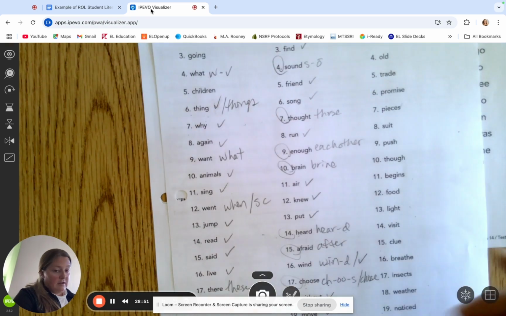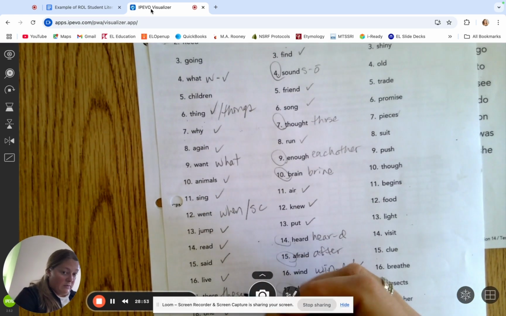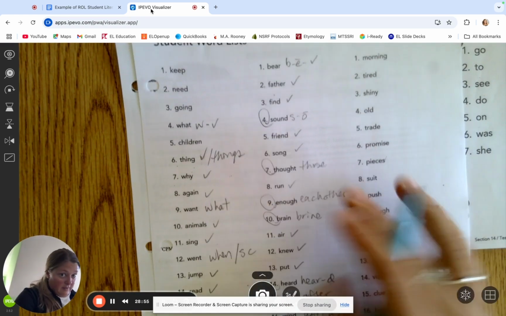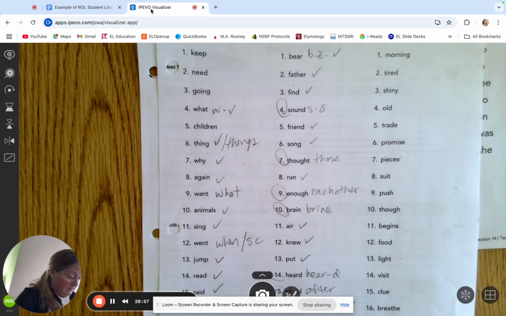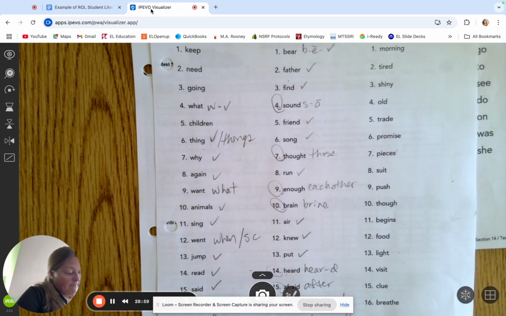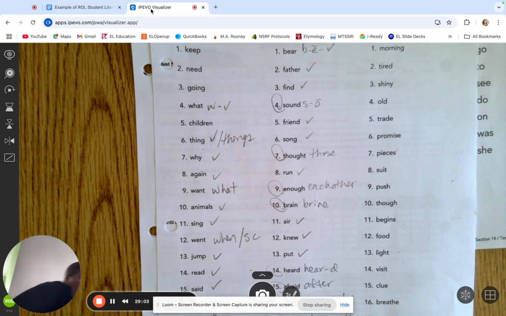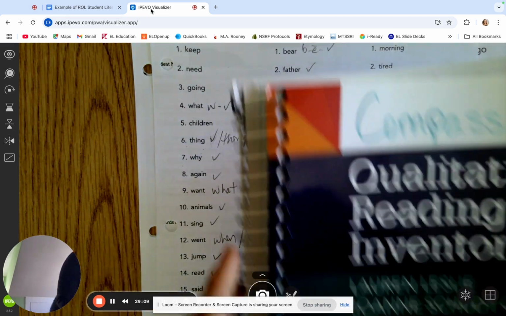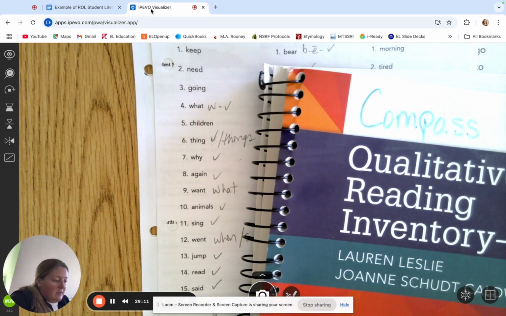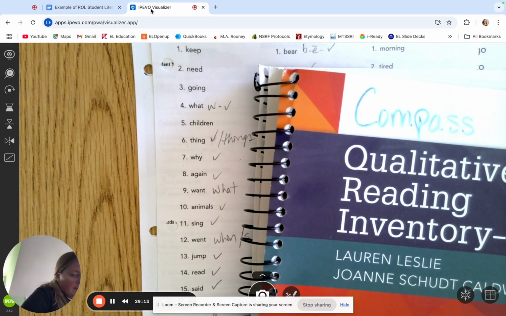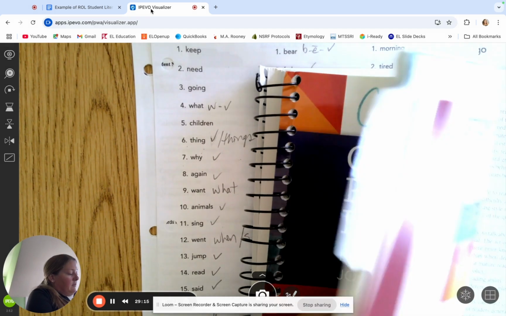in the QRI. It helps you see where you stop and start. And these I kept to the student list and scored on that. But they do have a teacher form. Actually, I can show you real quick. Sometimes the students want to see how they did, and this kiddo is very inquisitive.